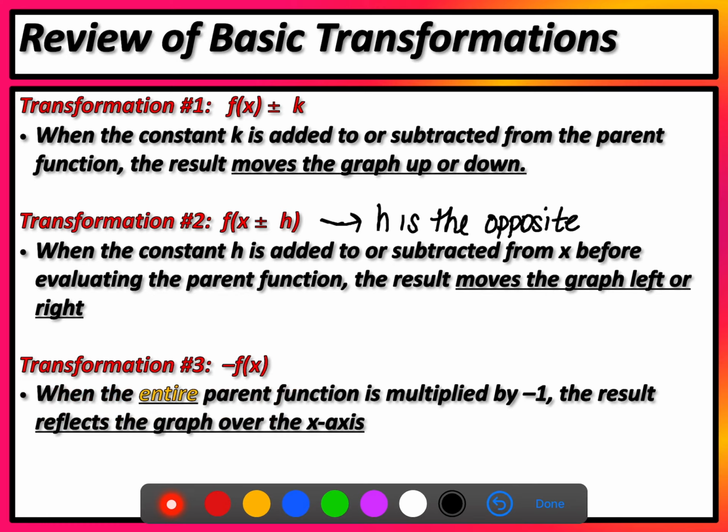Okay, if there is a negative in front of the entire parent function, meaning it is multiplied by a -1, the result is that the graph reflects over the x-axis.